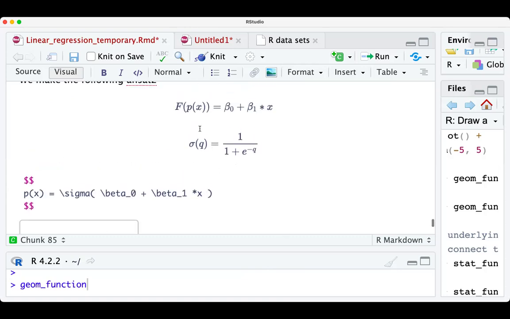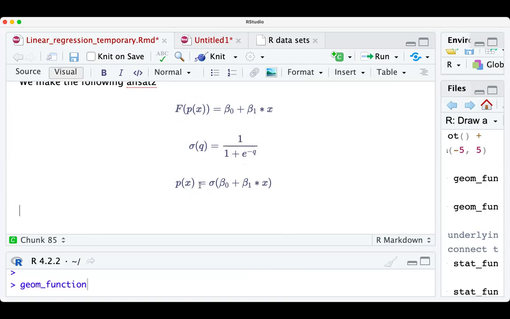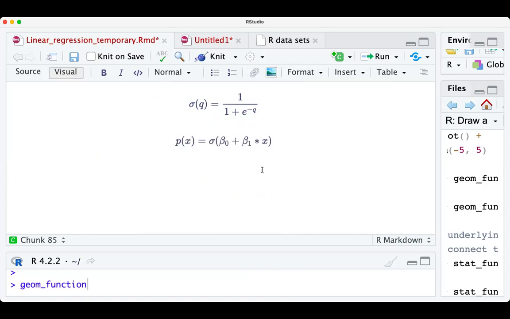If f has this form, and we want it to be simple, we use a line to estimate f of p of x, then we apply the inverse on both sides, and p of x has to be of this form. Sigma is the sigmoid function, it's famous in machine learning. And now we are going to plot this function.